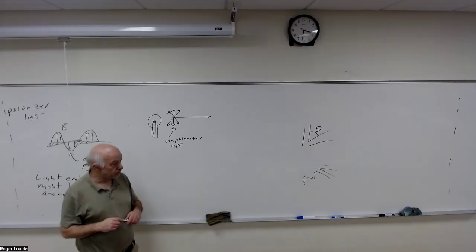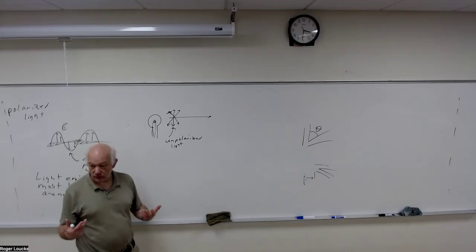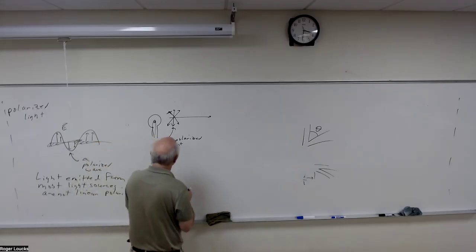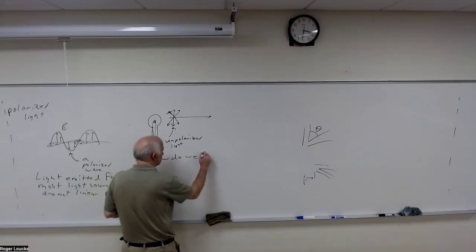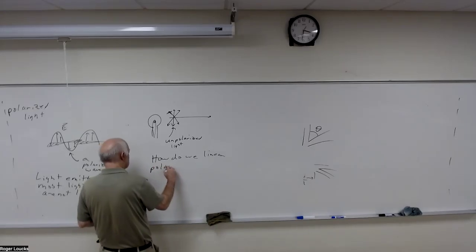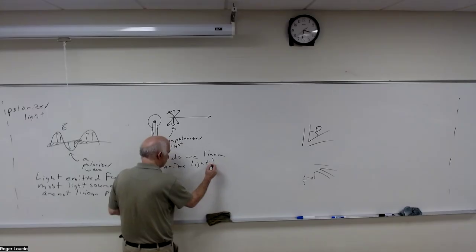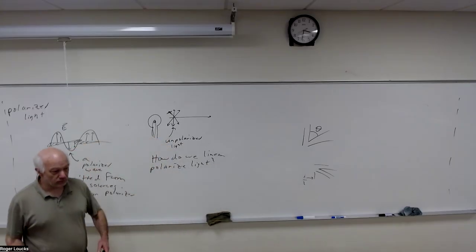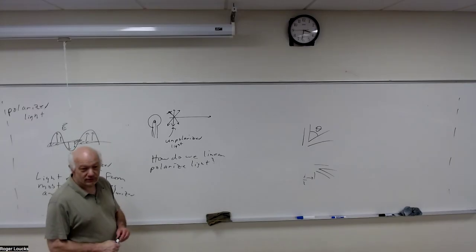Okay, that's my representation. Now the question is, how do we make this linear polarized? So how do we linear polarize light? We use a linear polarizer. So simple.